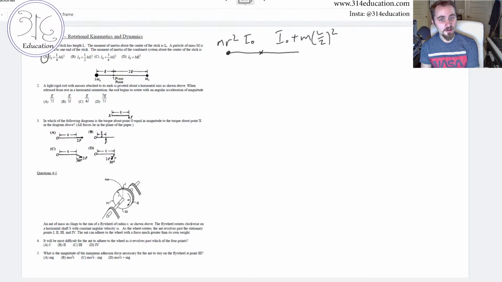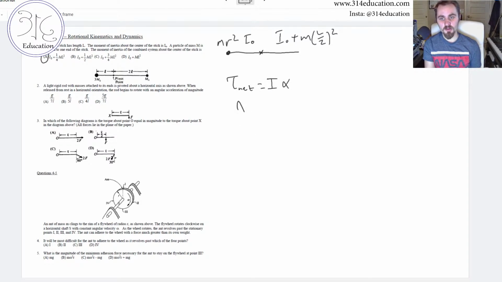Next, we've got a light rigid rod with masses attached to its end, pivoted about a horizontal axis as shown above. When released from rest in the horizontal orientation, the rod begins to rotate with an angular acceleration of magnitude what? So this is going to be a torque problem, but now it's not in equilibrium. We expect this net torque to induce an angular acceleration.